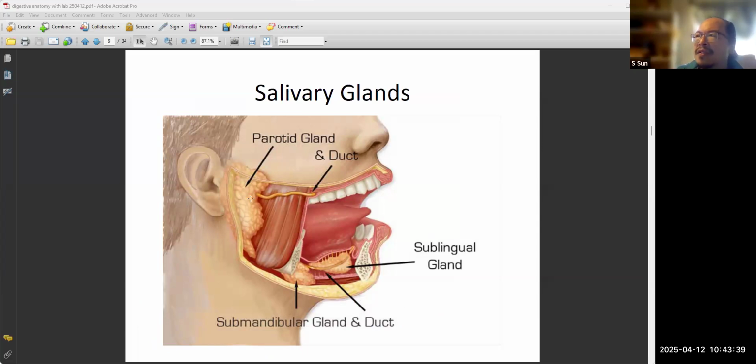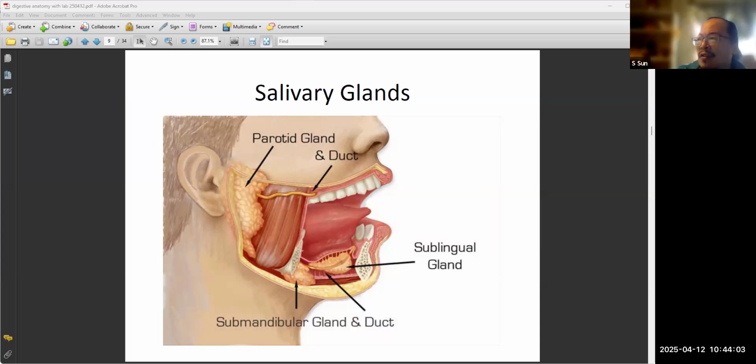It uses a duct to release the saliva into your mouth. On the bottom, right underneath your tongue, you have the sublingual. Next to that, you have the submandibular. So those are the three.